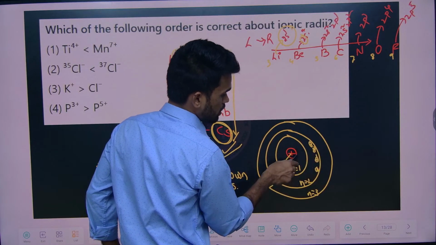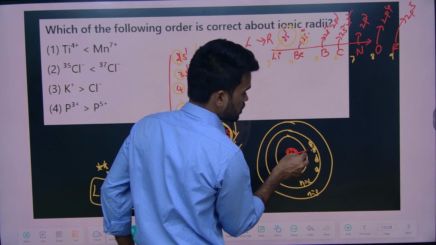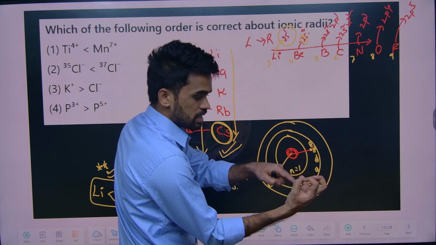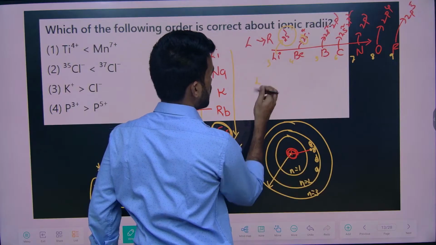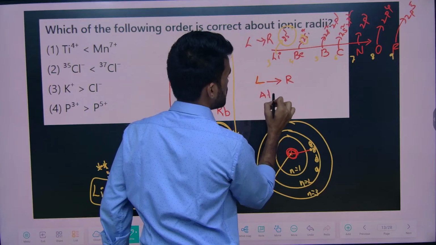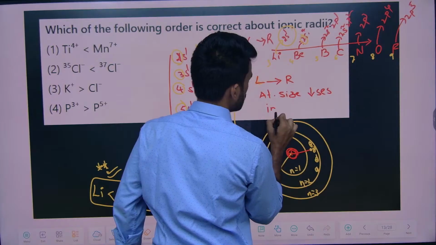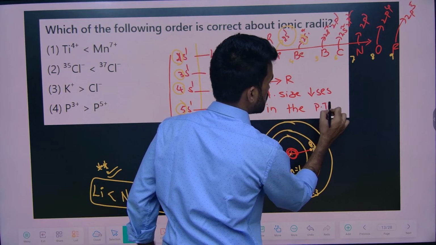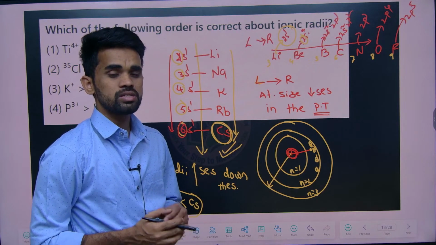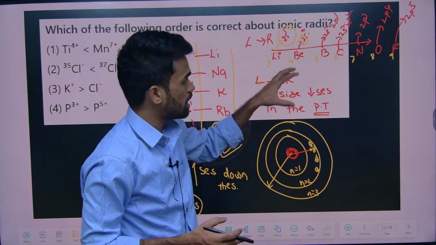Now what happens? The nuclear force, the positive charge, strongly attracts the electrons. If they are strongly attracted, what happens to the size? Size decreases. So left to right, atomic size decreases across a period, because the newly added electron enters the same energy level.